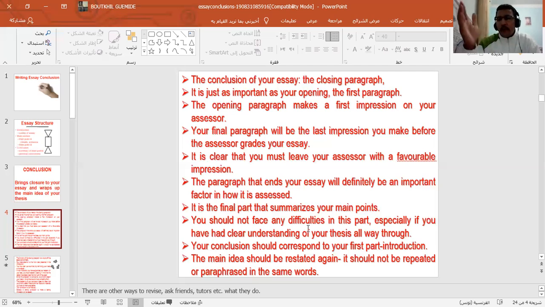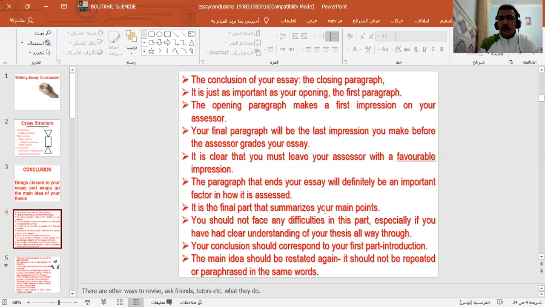So if you have succeeded with writing a strong introductory paragraph, and then you succeeded with providing strong evidence that expanded your thesis statement and made your essay grow, you should never face any difficulty in writing your concluding paragraph, because you already know what you have written about. You already keep in mind your main idea, or your thesis.